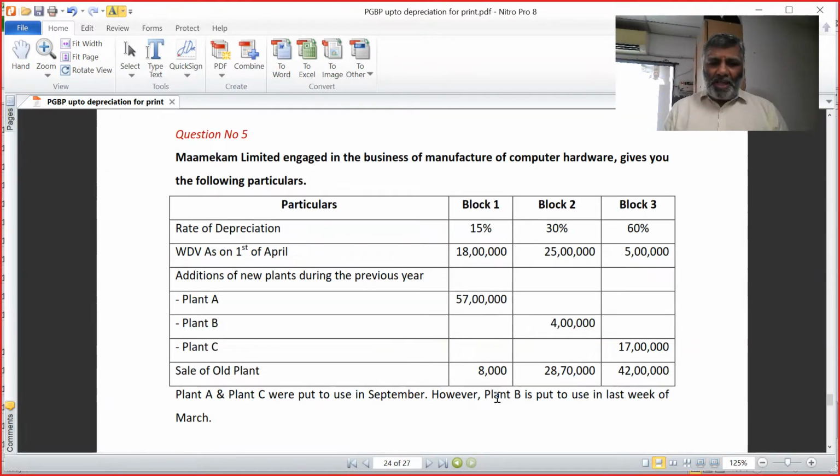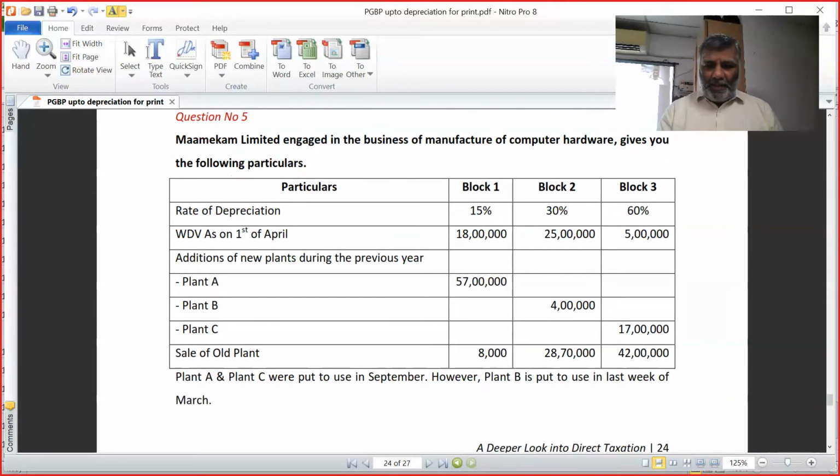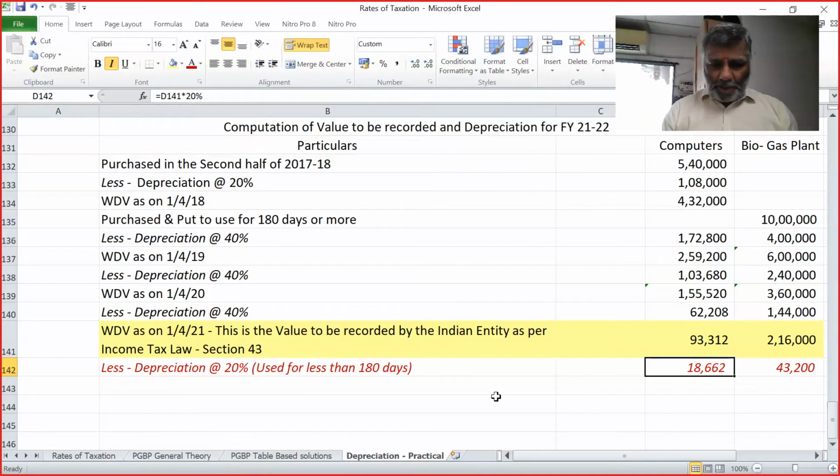Plants A and C were put to use in September, whereas plant B was only in the last week of March. Very interesting question, just for your understanding, if not for your examination. First we will understand, then we can do some other questions which are purely more examination oriented.